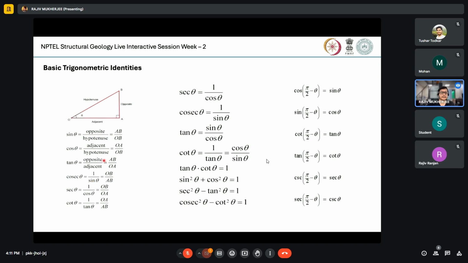Cosec theta is the reciprocal of sine theta, sec theta is the reciprocal of cos theta, and cot theta is the reciprocal of tan theta. Similarly, these are some of the Pythagorean relations in trigonometry: sine square theta plus cos square theta is 1, sec square theta minus tan square theta is 1, and cosec square theta minus cot square theta is equal to 1. If you know these relations, then we are fine to go for the derivation of different kinds of projections and the relations between these structural data.